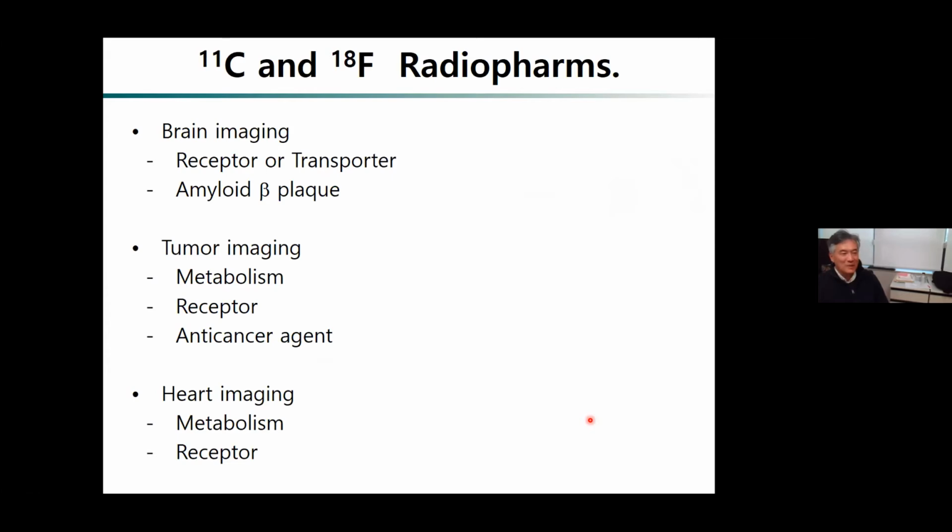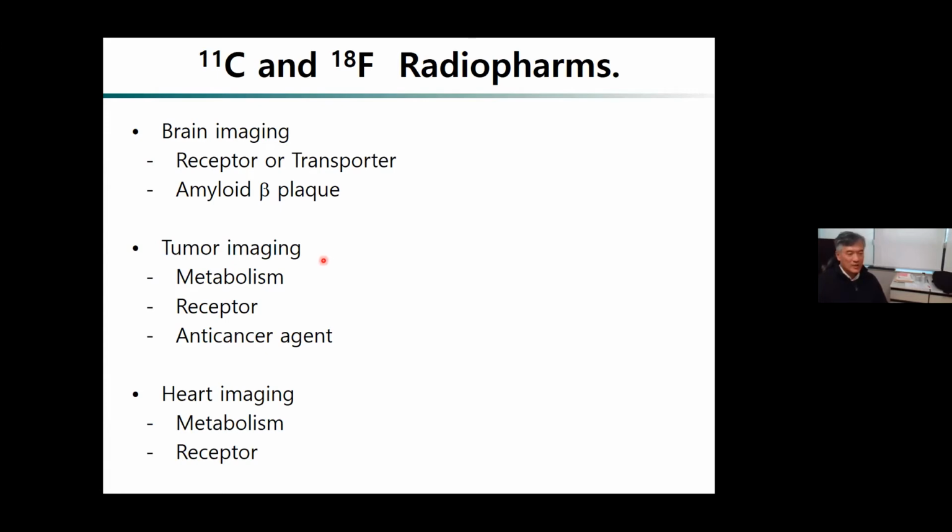Another example of the application of radiopharmaceuticals is the C11 or F18 compounds. C11 and F18 compounds can visualize the brain, tumor, heart, or any other functional image in the human body. Brain imaging agents are especially for receptor or transporter imaging, or sometimes we can use them for amyloid plaque or tau abnormal protein images.